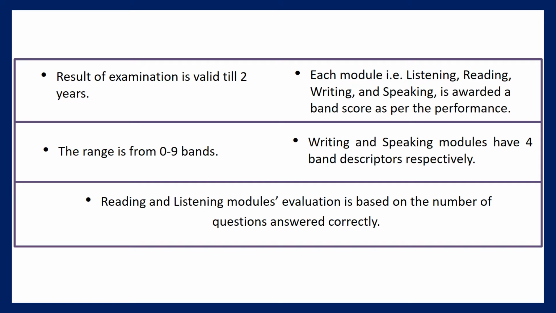Now, writing and speaking, being qualitative modules, have 4 band descriptors. These will be elaborated in detail later. Reading and listening modules evaluation is based on the number of questions answered correctly. These will be shown in detail later.